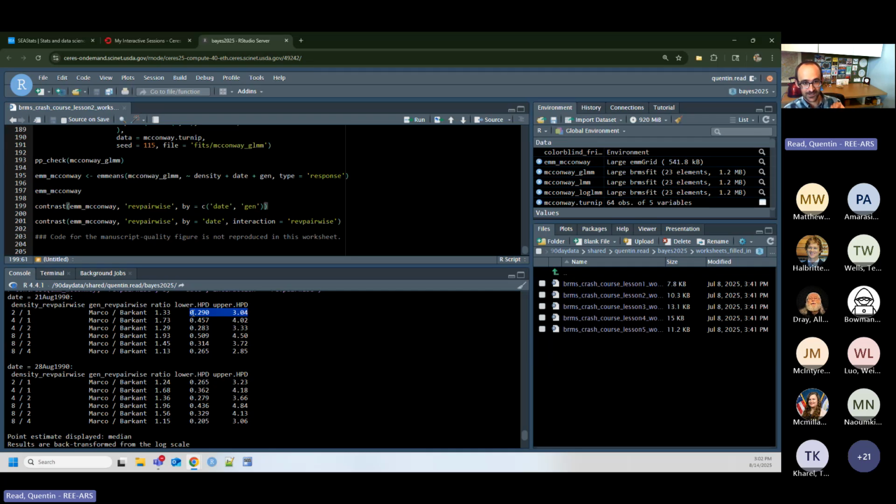Now, we could put a Bayesian-style p-value on that. I just didn't go through that step for this example, but you could.